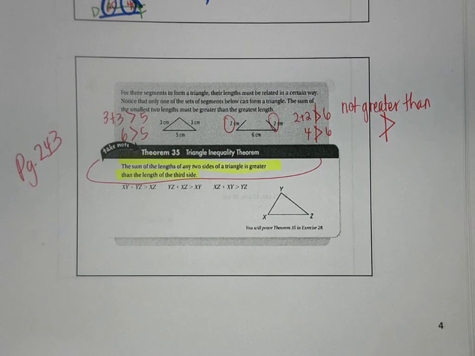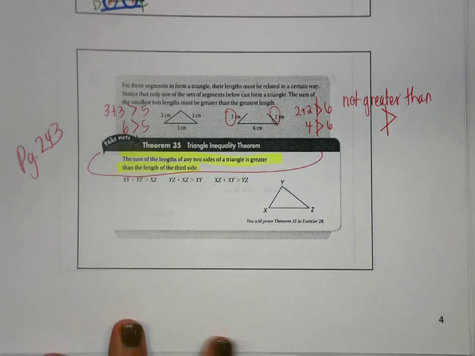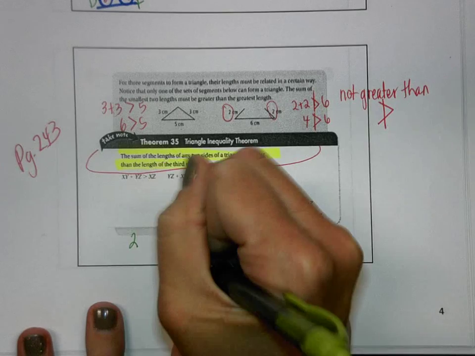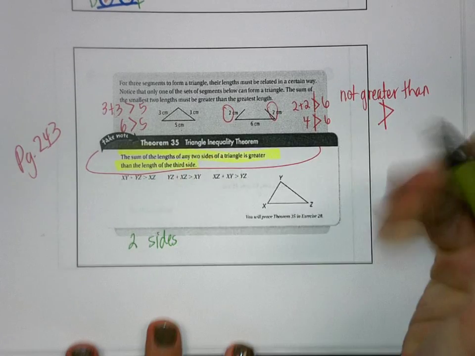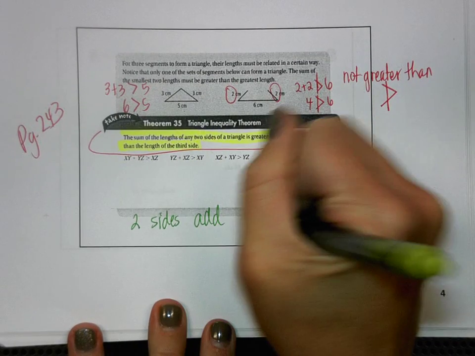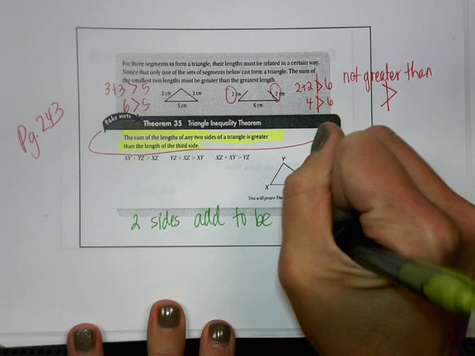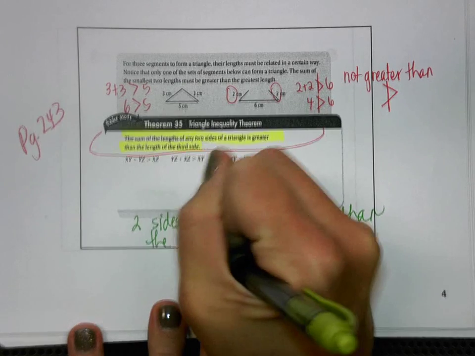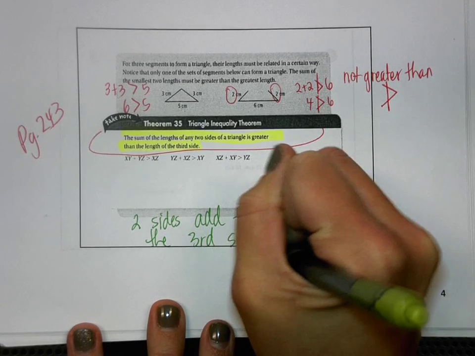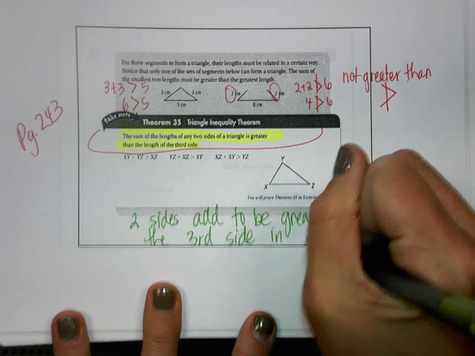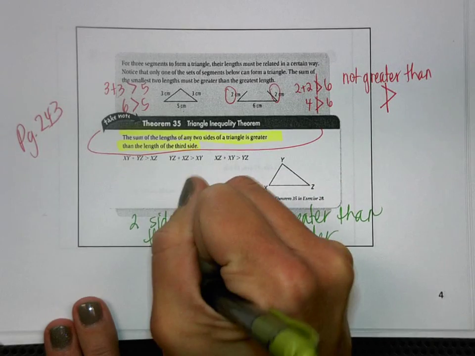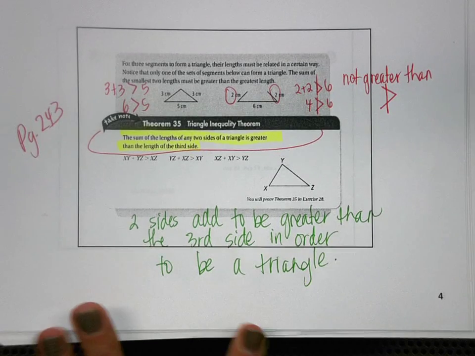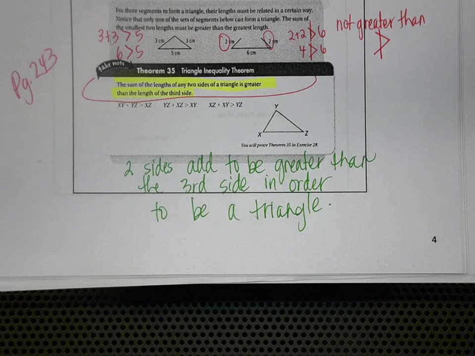So, in English, 2 sides add to be greater than the 3rd side in order to be a triangle. And we're going to practice this here in a minute, but I would write that down so that you have it written in English.